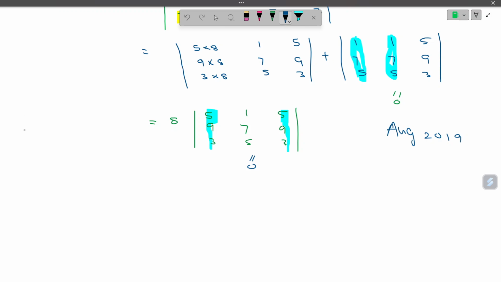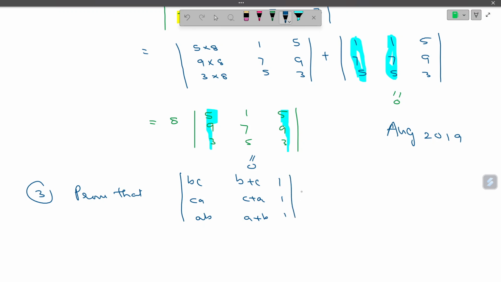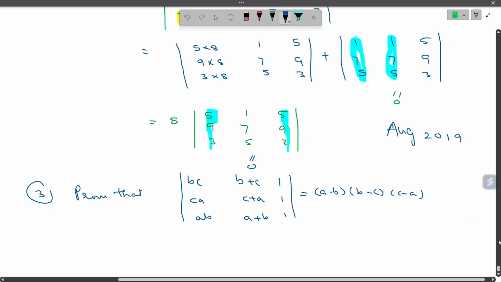Then one more problem. I think problem number 3. Prove that the determinant with rows BC, CA, AB; B plus C, C plus A, A plus B; 1, 1, 1 equals A minus B, B minus C, C minus A. We have to prove this thing.